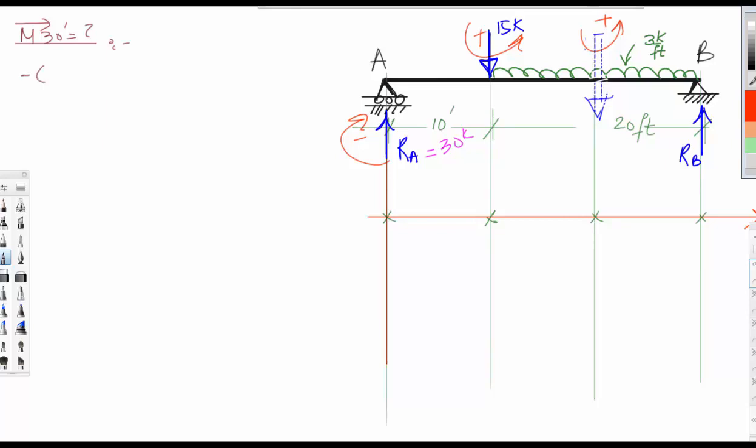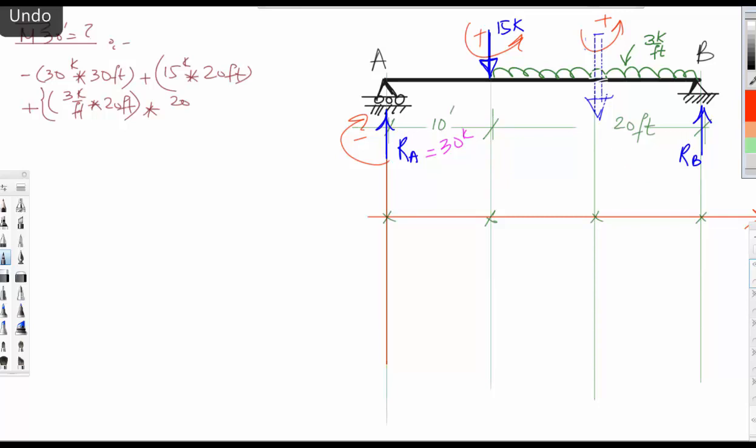Minus 30 kip multiplied by this entire distance, which is 30 feet, then plus this one, which is 15 kips multiplied by this distance, 20 feet, plus W, which is 3 kip per foot, this is the force, multiplied by 20 feet, and the distance is from here, 20 feet divided by 2 is equal to. If you do these numbers, you'll find this is equal to 0.